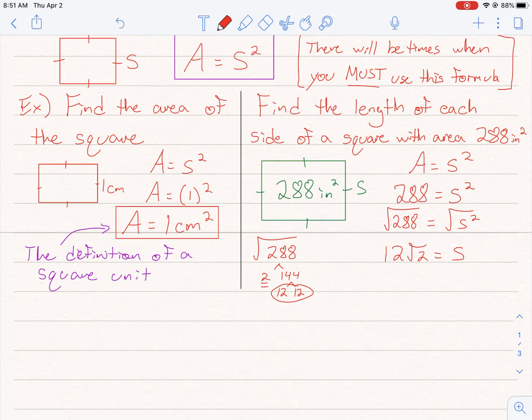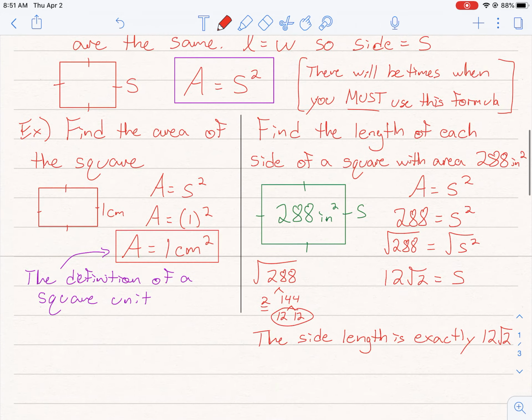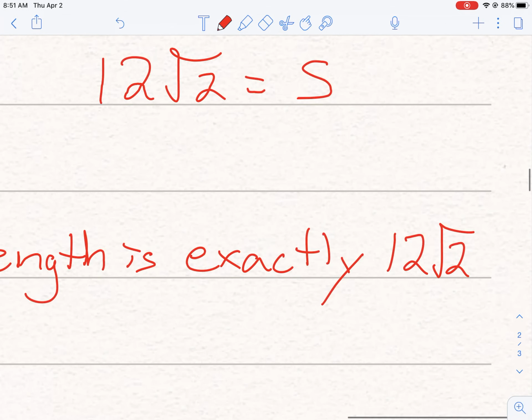So that means that the side length is exactly 12 root 2 inches. Oop! I threw up to the top. Inches, I had to fit that in there.